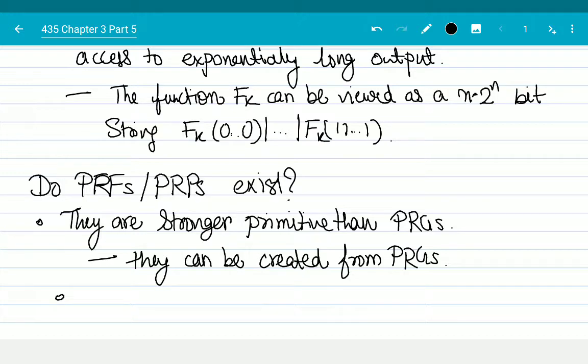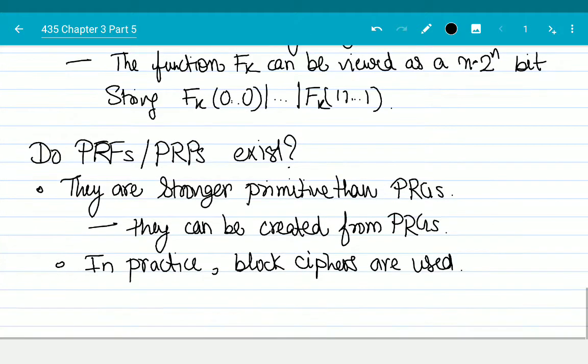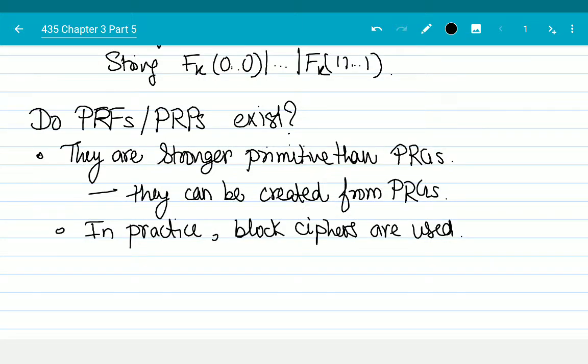Okay. In practice, block ciphers are used. How we use them, we are not going to get into right now. But what are block ciphers?